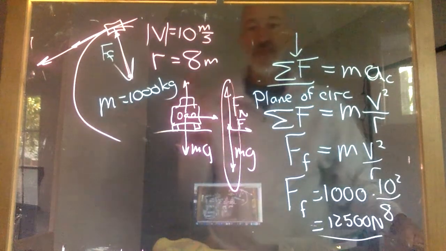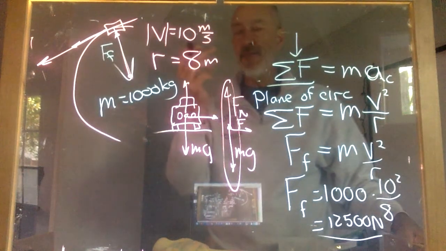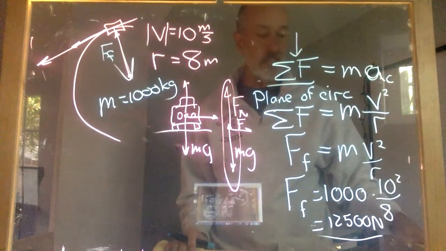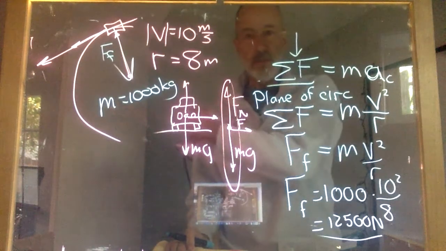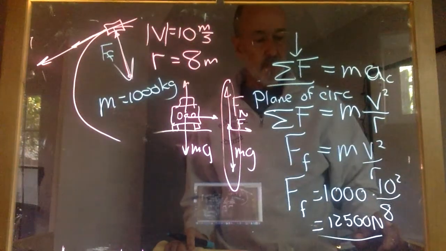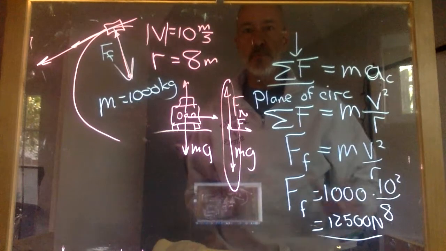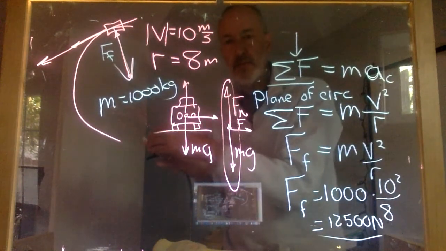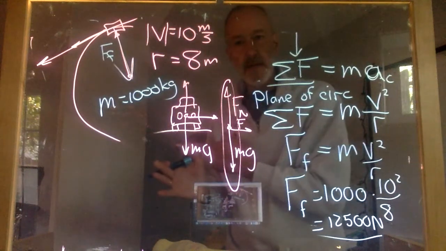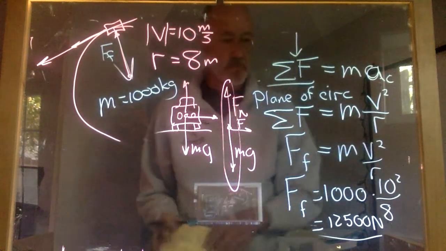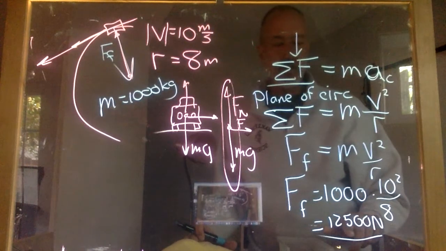So it takes a lot of friction to turn a car that's going that fast around that radius. If we tried to turn it on an even sharper curve, the 8 would be smaller, so this would be much bigger. The smaller radius you're trying to turn on, the more friction you need to push in there, okay? If the mass was bigger, it would be a bigger number.